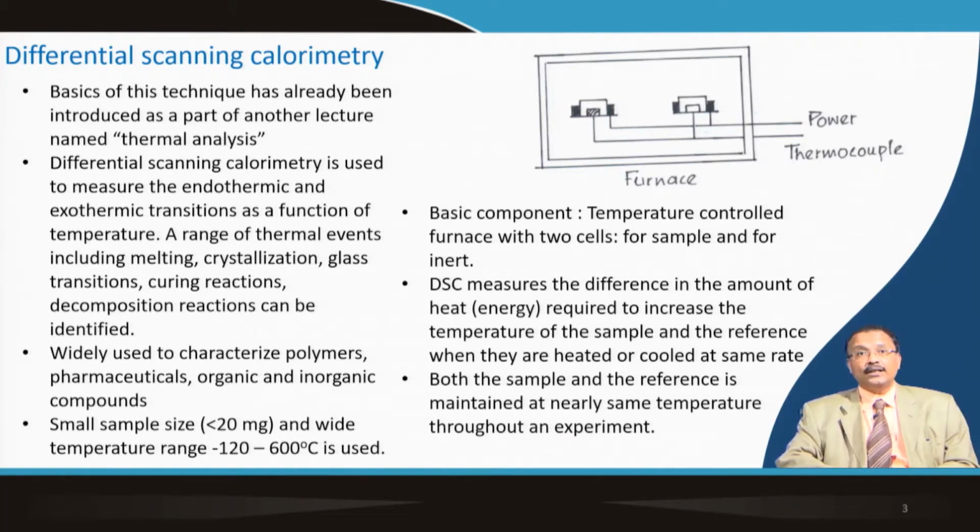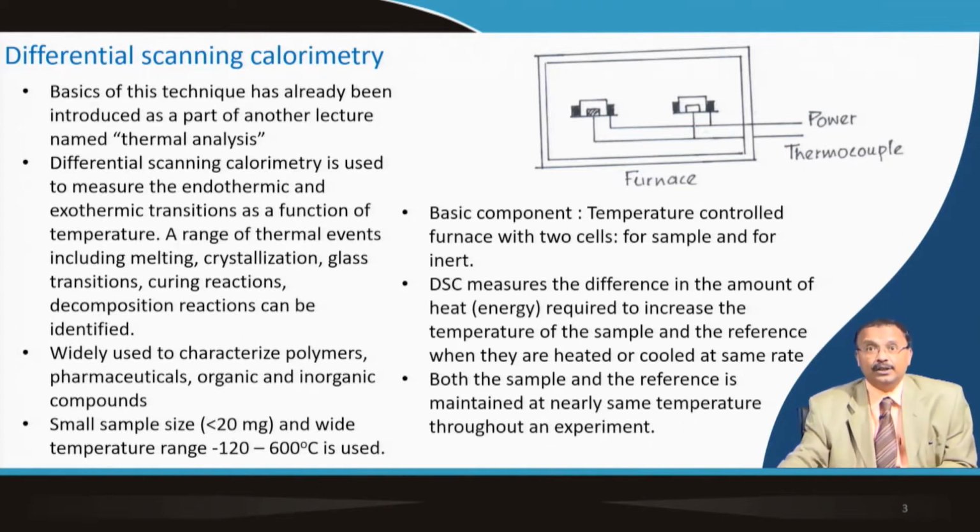This technique is widely used for polymers, pharmaceuticals, organic as well as inorganic compounds, and a very small sample size is required, maybe less than 20 milligram. A wide temperature range is available in the furnace. It can run this measurement from minus 120 to 600, and in some instruments up to about 900 degrees Celsius as part of high temperature measurement.